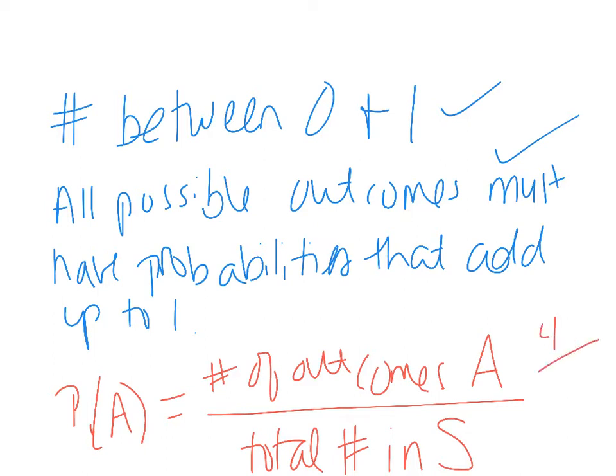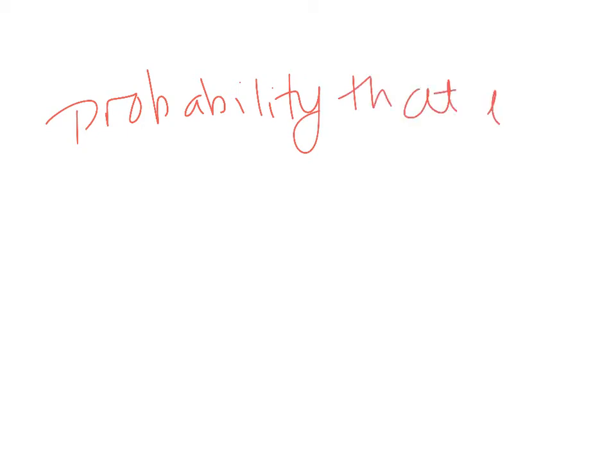Right? So again, example 4 out of 36. The probability that an event does not occur is 1 minus that event occurring. So we saw this with the how many didn't equal 5.